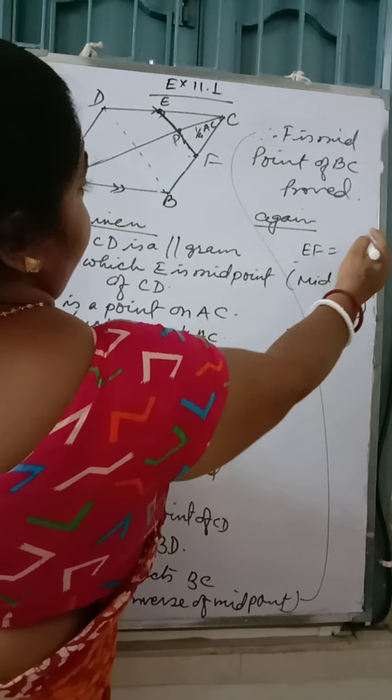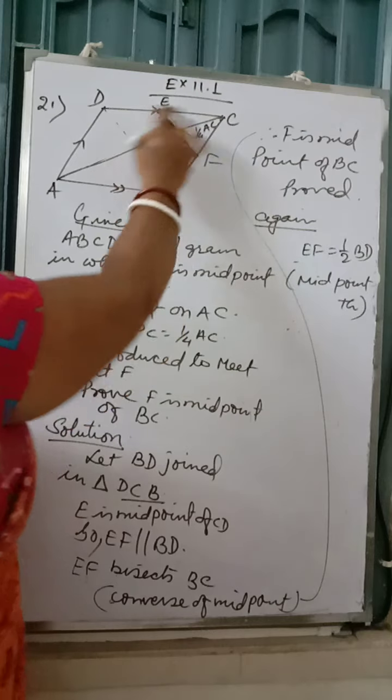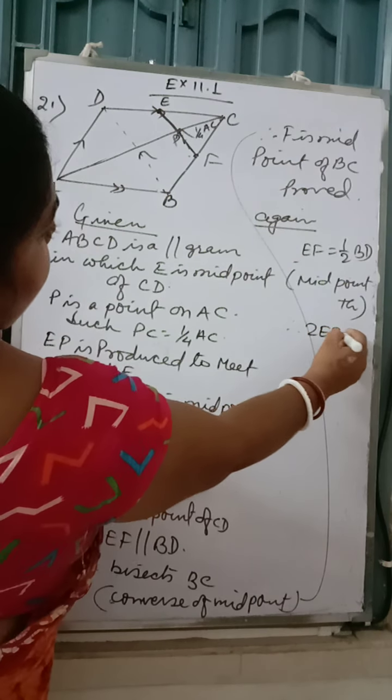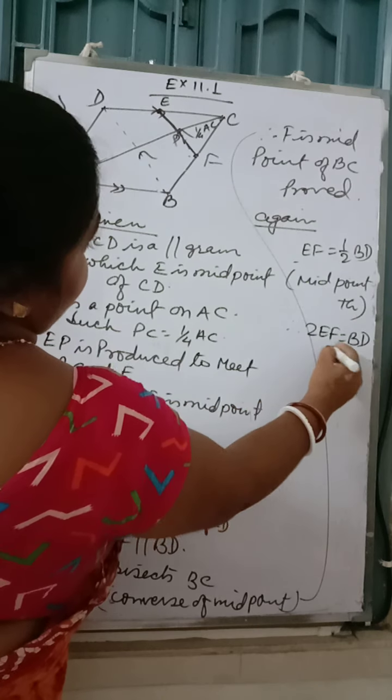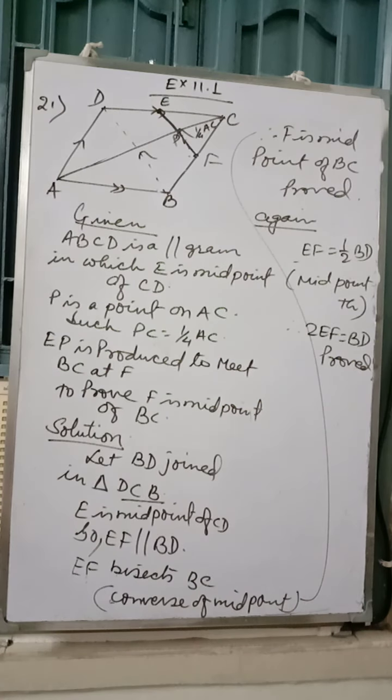Am I right? EF is equal to 1/2 BD. We know this is parallel and half, midpoint theorem, so 2EF is equal to BD, proved. This only we had to prove. This is question number 21. Please write it.